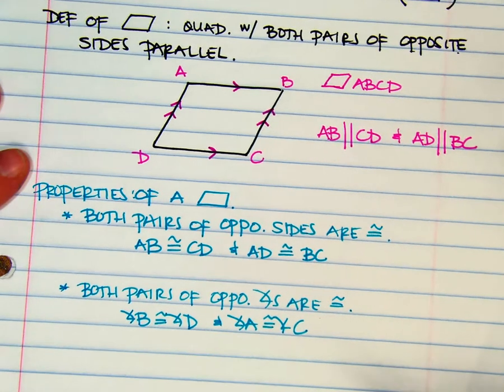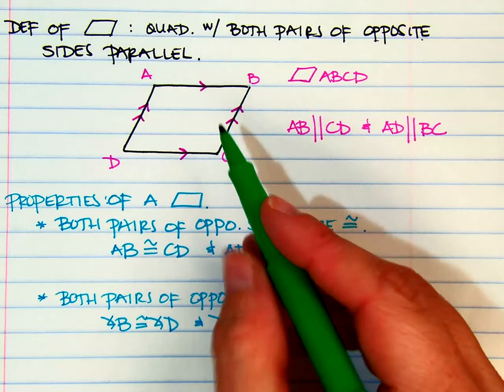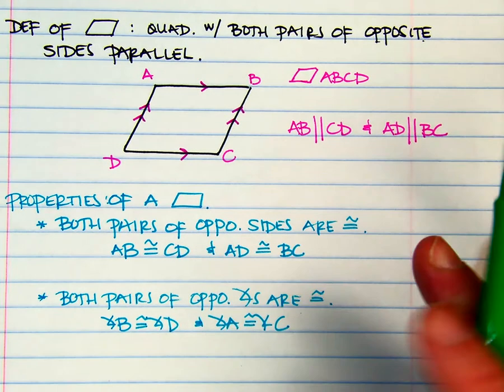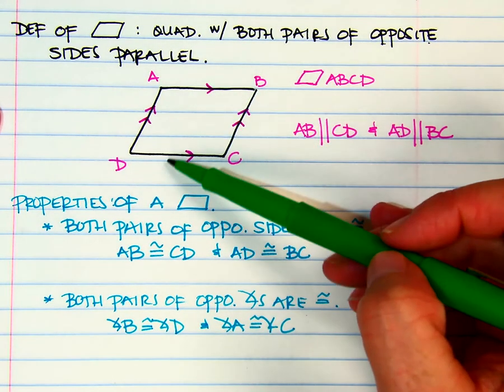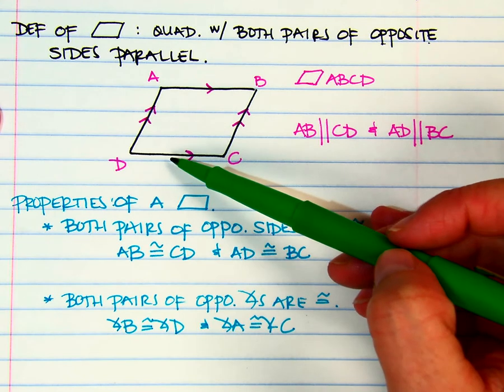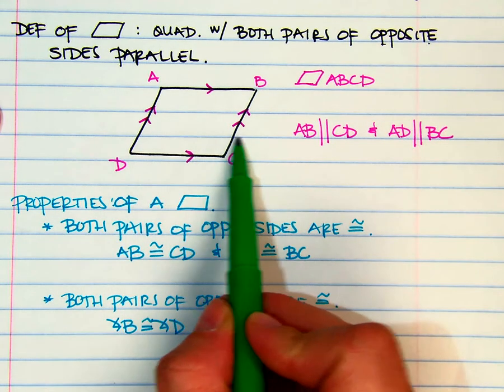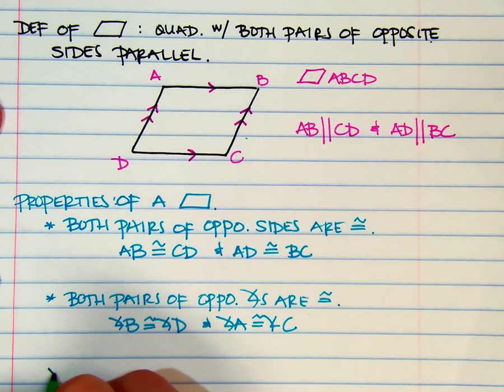So I could add all the tick marks on the diagram. I'm not going to, because I have to do something else. I don't want a whole bunch of stuff on here. So AB would be congruent to CD, so I could use my tick marks. AD is congruent to BC, so I could use my tick marks.